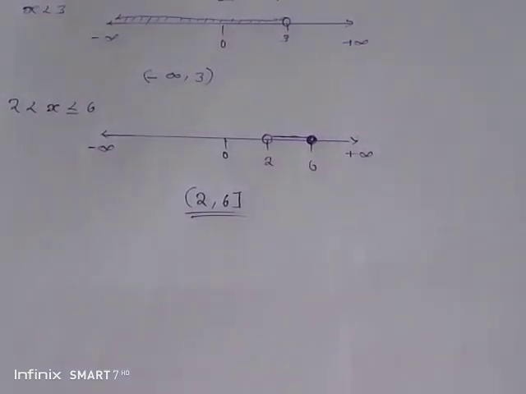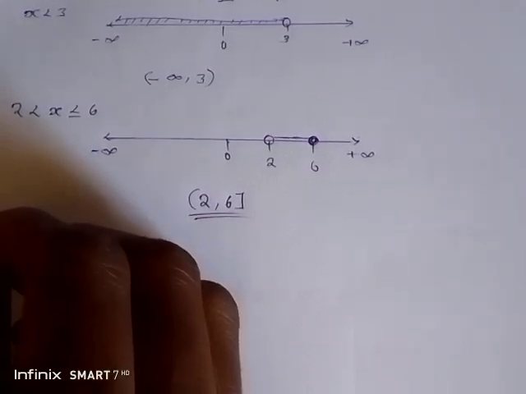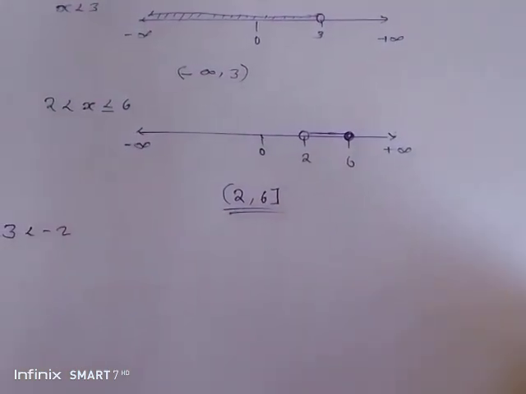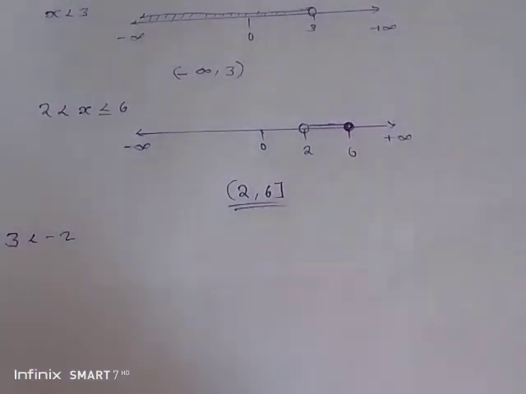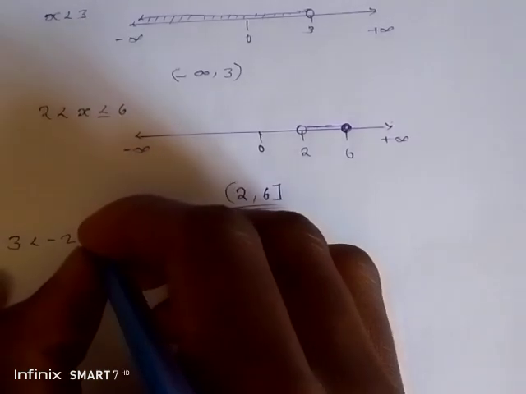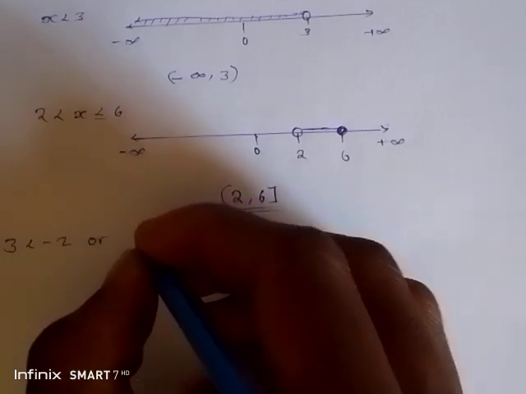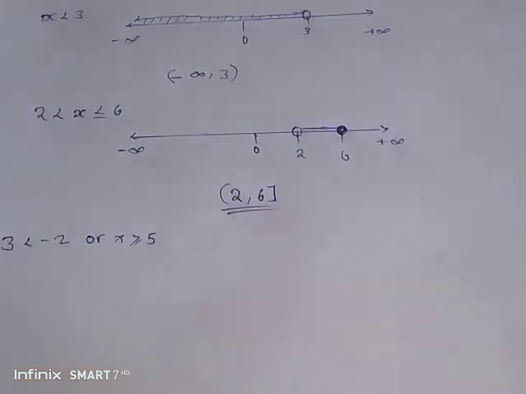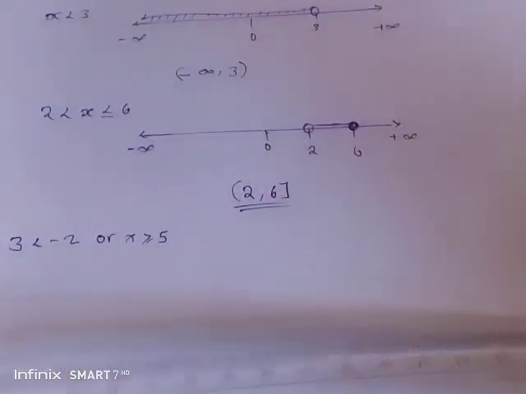If we have x less than negative 2 or x greater than 5, if you have this, make a real line.